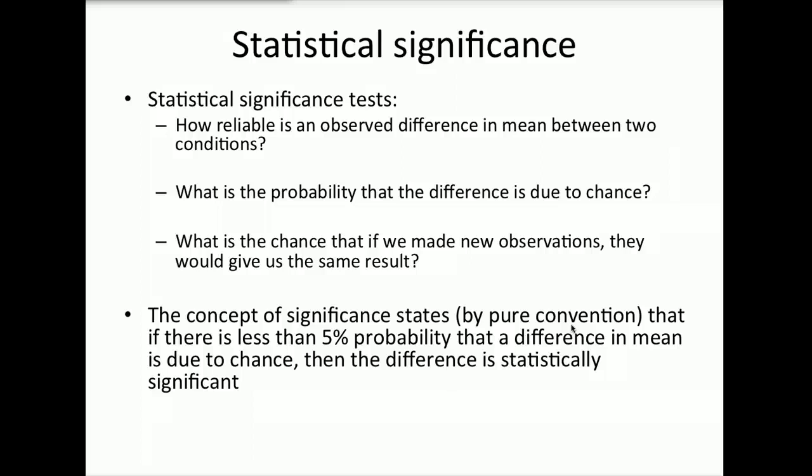If the probability that a certain observed difference between the means from two different experimental conditions is greater than 5%, if it's 7 or 10 or even 20%, then there's a likelihood that the observed difference is just there by chance, for instance due to high variation or a small sample in our data.